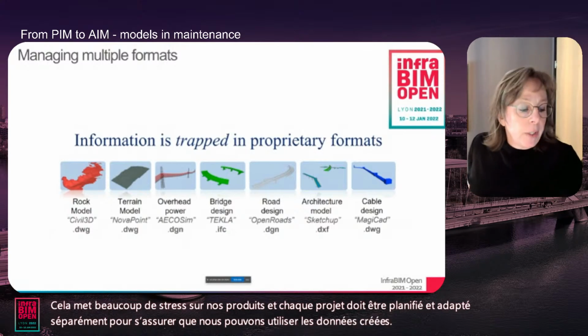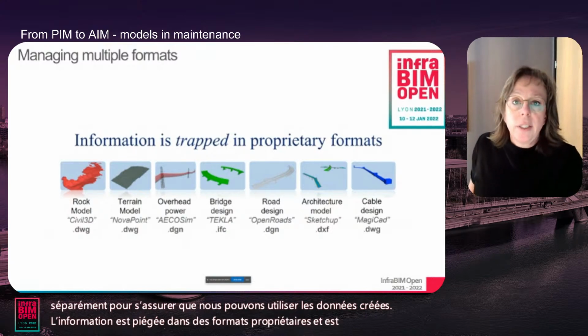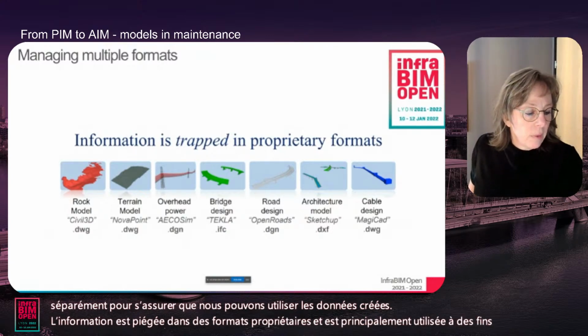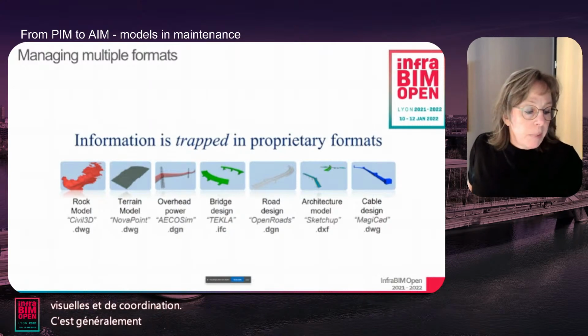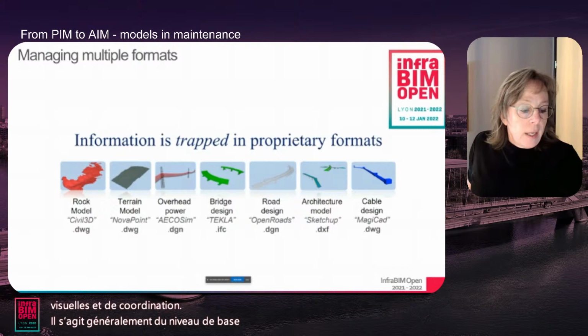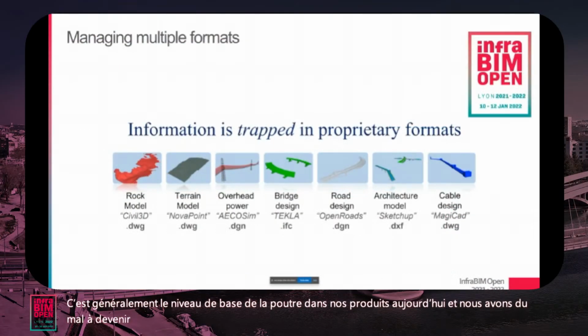Information is trapped in proprietary formats and is mainly used for visual purposes and coordination. This is usually the base level of BIM in our projects today, and we are struggling to become more independent of the software that is used in the different projects.